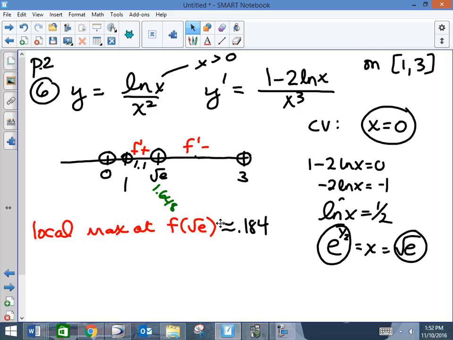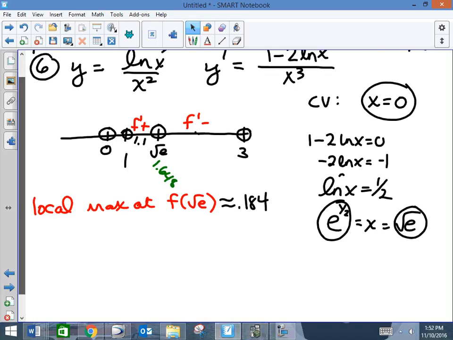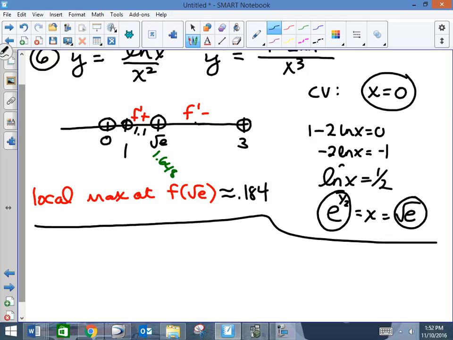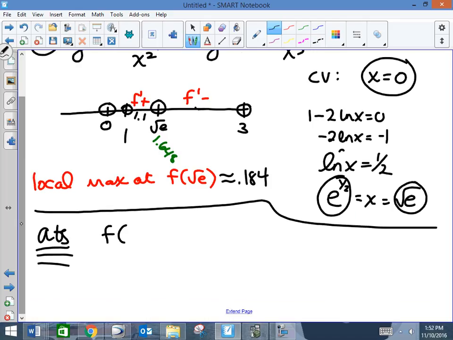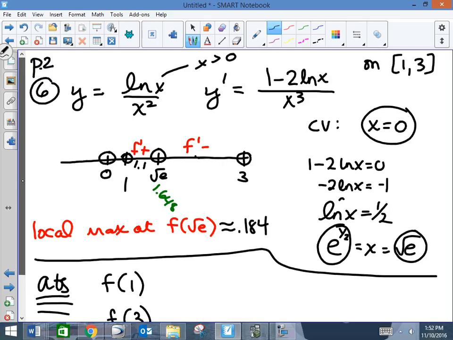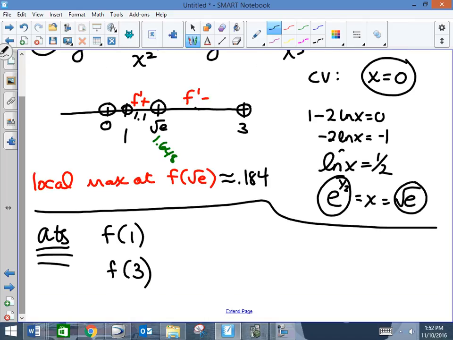Okay. All right, now that's a new problem. Absolute. Now, talking about endpoints. F of 1, f of 3, and we also found critical values between 1 and 3. The 0 again is not going to count. F of radical e, which we already know is 0.184.